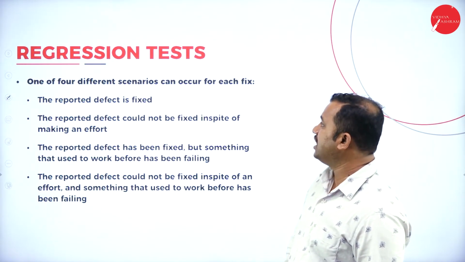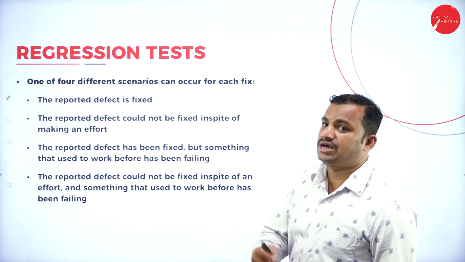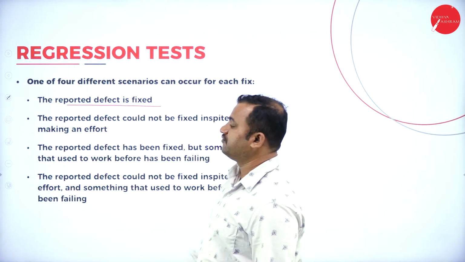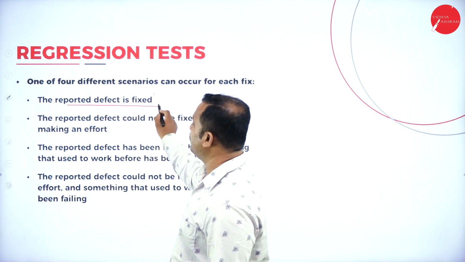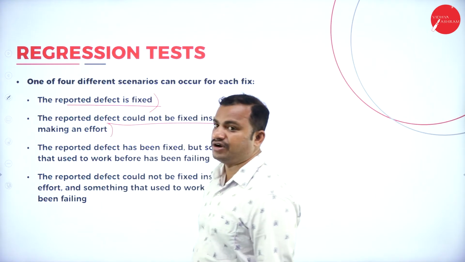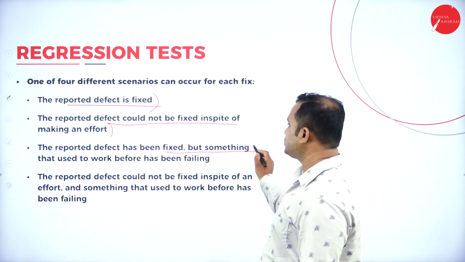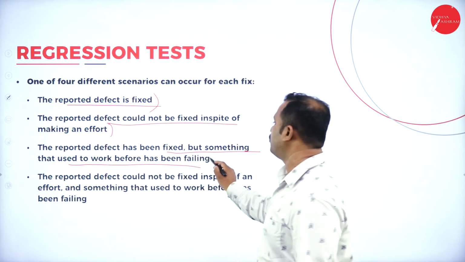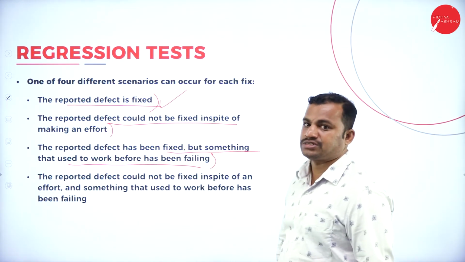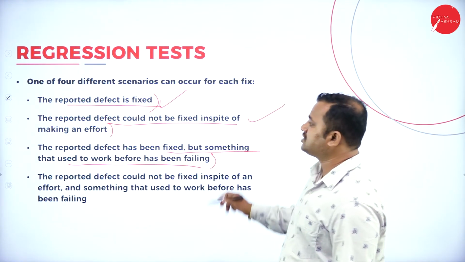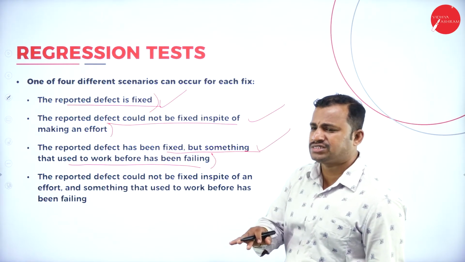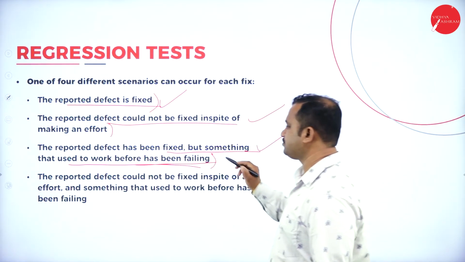There are 4 different scenarios in which we can fix the bug with the help of this regression testing. First one is the reported defect is fixed. The second one is could not be fixed in spite of making an effort. The third one is some of the defects have been fixed but not everything.